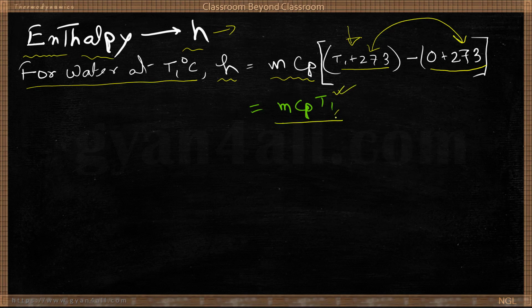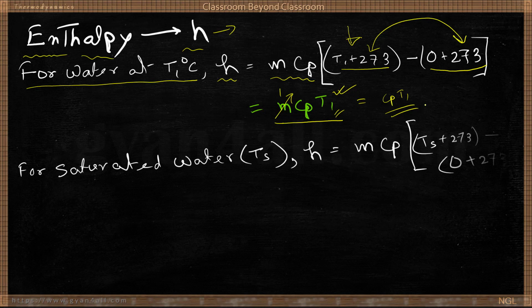But this T1 we have to consider not in Kelvin, because 273 is cancelled. This T1 is the difference in temperature. And this m will be 1 for 1 kg of steam. So this is simply Cp T1 that we have discussed earlier. What is the enthalpy of water?